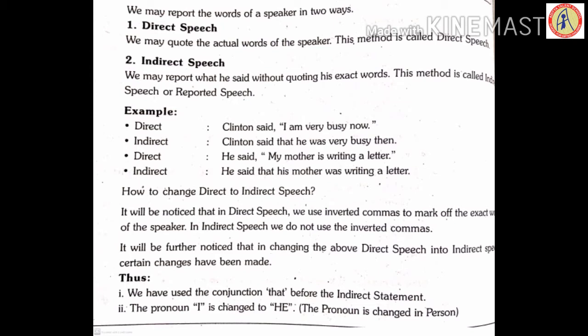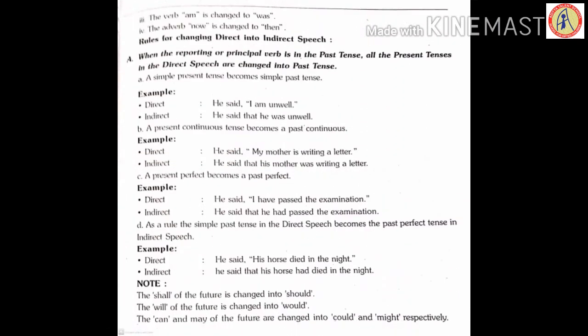That, before the indirect statement. Second, the pronoun I is changed to he, changed in person: male he, whereas female she. The verb, if it is given in the present, is going to be changed into the past. For example, am is changed into was, depending on the circumstances. The adverb now is changed to then, as in the previous example we observed.